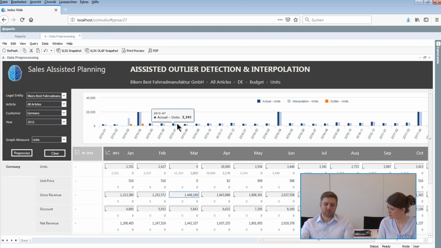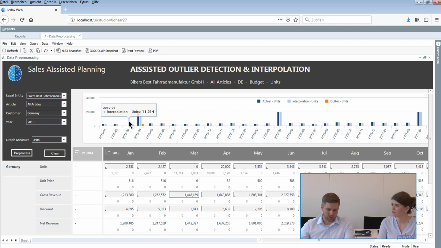And this will happen even if I have a gap of more than 1 month, even if I have 3 missing values or 5 missing values. This will be filled in an intelligent way. It's not only reproducing the last value. You can also do this, then you will fill everything with 2,427. But we have some other options here to lay a curve over these values and then give this more accurate value as a suggestion.